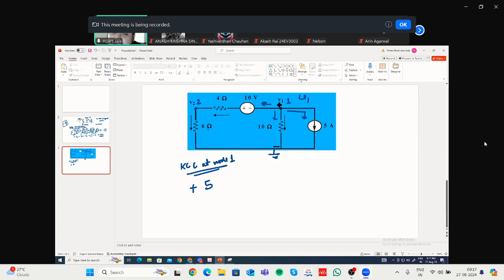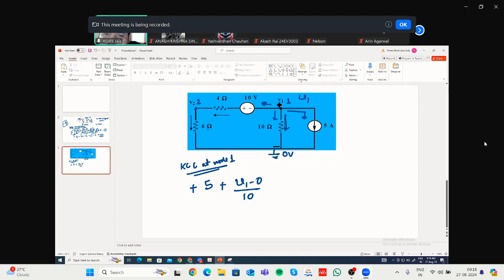V1 is unknown, so for the current direction, if you are considering node 1, V1 should be the highest voltage compared to the other node voltages. So the current flows out of the node, plus sign: V1 minus 0 divided by 10.